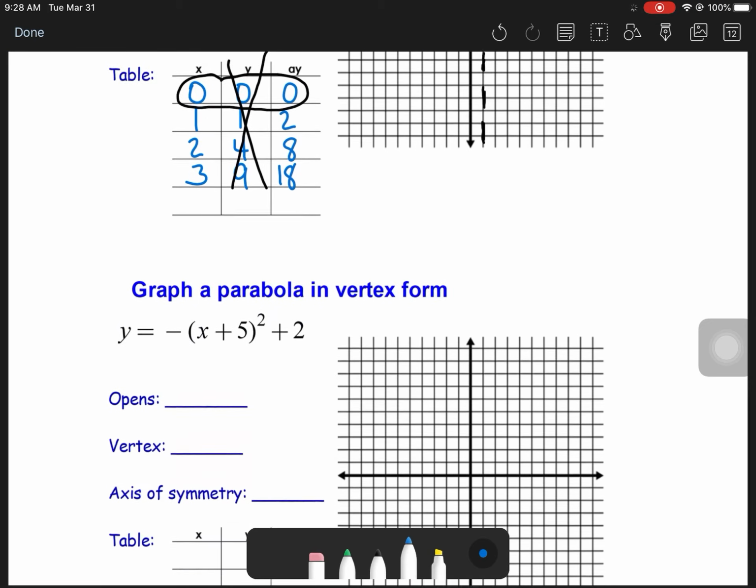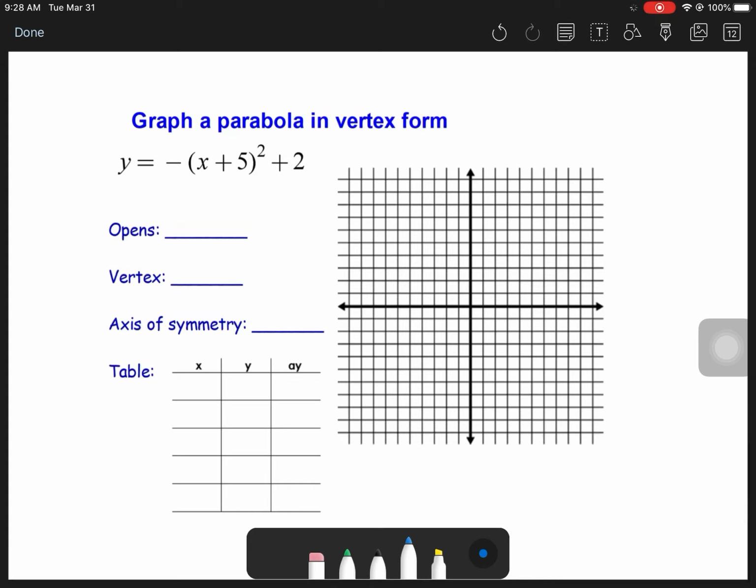Our next problem is y equals negative (x plus 5) squared plus 2. Notice our leading coefficient is negative, so our parabola opens down. Our vertex is going to be at negative 5, positive 2, remembering that the formula is negative, so if it says plus, that's going to be the opposite of what we see, and our axis of symmetry is going to be at x equals negative 5.